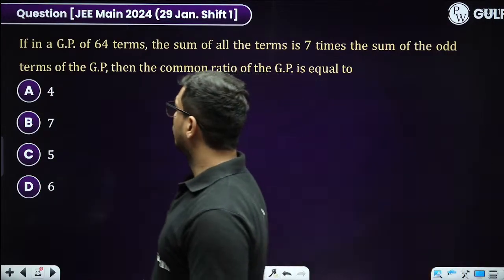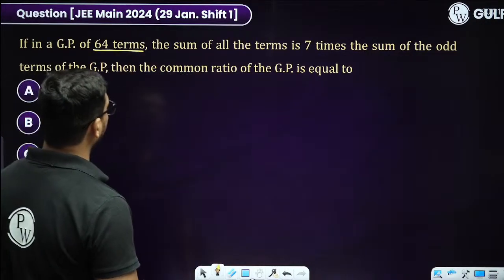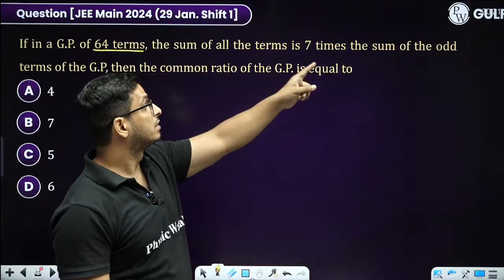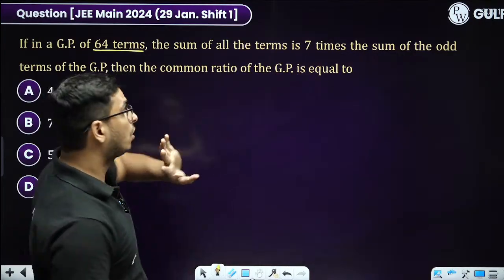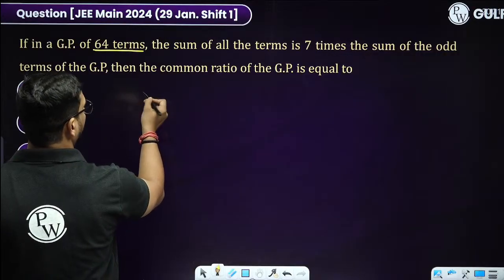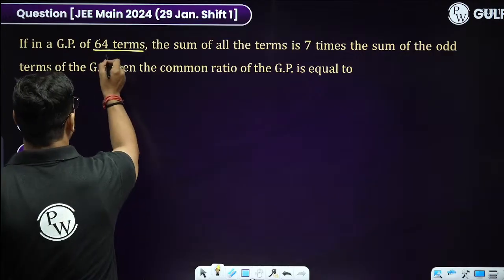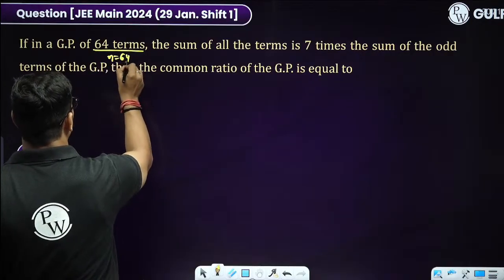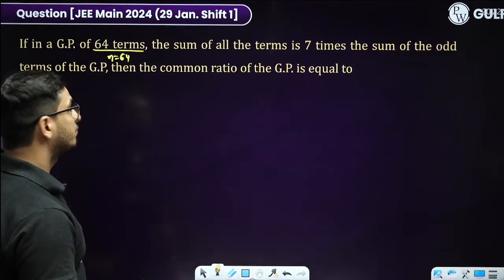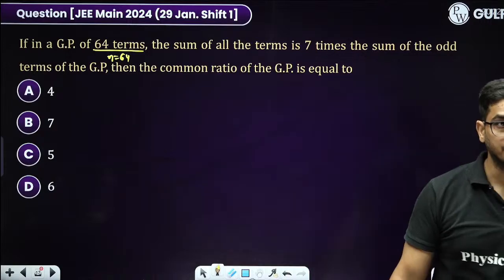Okay, what they are saying: there are 64 terms in a GP. Sum of all the terms is 7 times the sum of odd terms. Sum of all the terms, Sn, where n is 64 terms. N is 64.